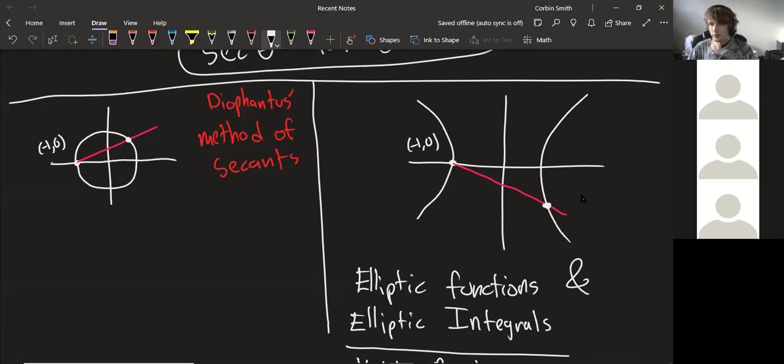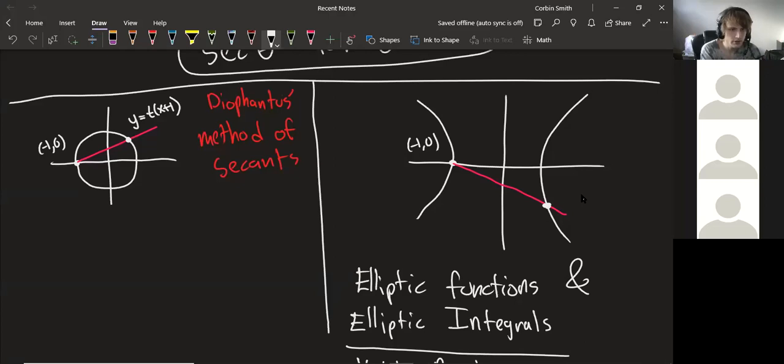So with this way, we can get some parameterizations of these unit circles or a unit hyperbola that have some slightly different properties than sine and cosine, but they're still very nice. So if you're a number theorist and you want exact rational points on these curves, this is the way to do it. So this line, we can call it y is equal to t times x plus 1.